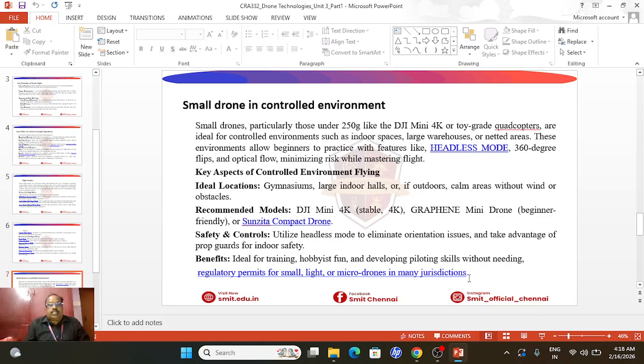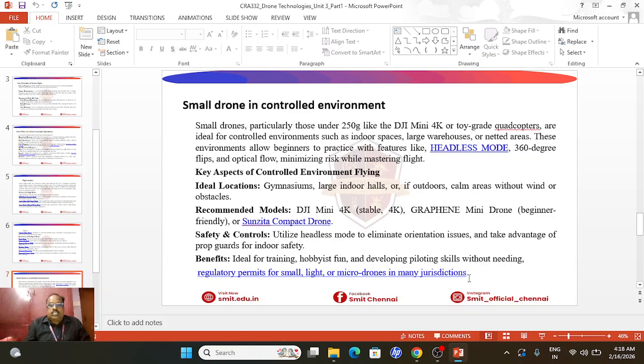The key aspects of controlled environment flying are ideal location, recommended models, safety controls, and benefits. For ideal location, gymnasiums, large indoor halls, or if outdoors, calm areas without wind or obstacles.